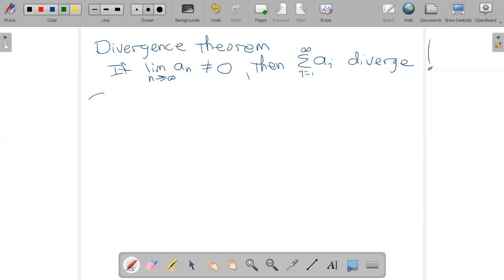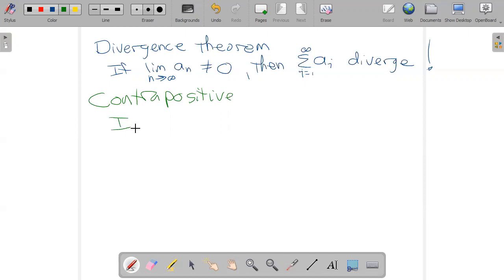There's a special version of this called the contrapositive. And contrapositive means to flip it and do the opposite of each. So if I flip it, that means I have to talk about the sum first. The opposite of diverging is converging.